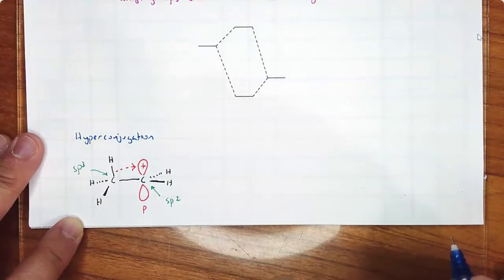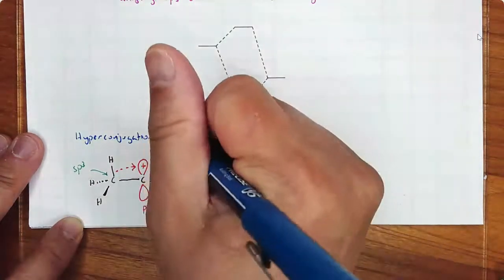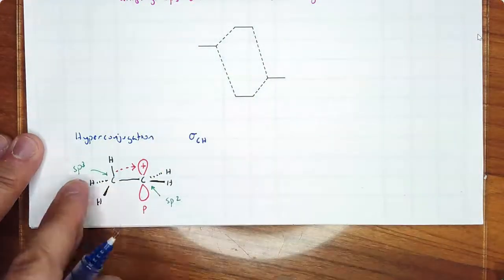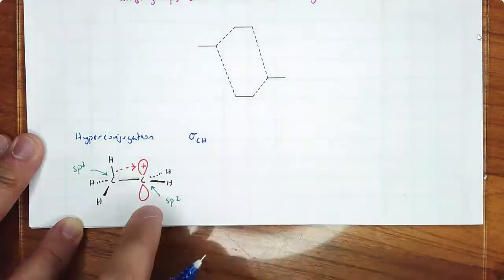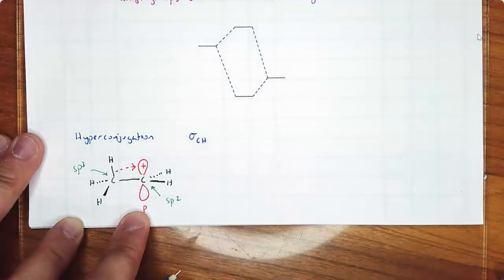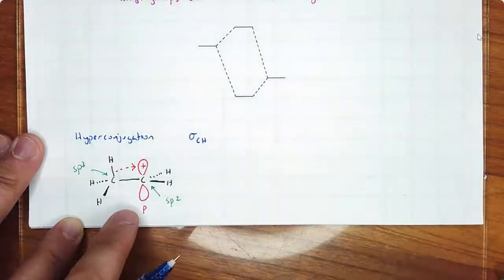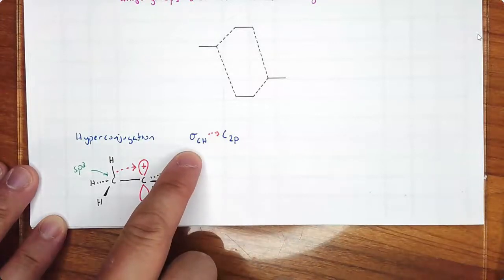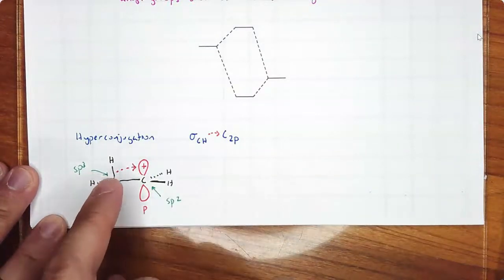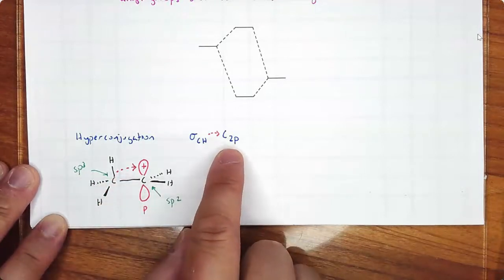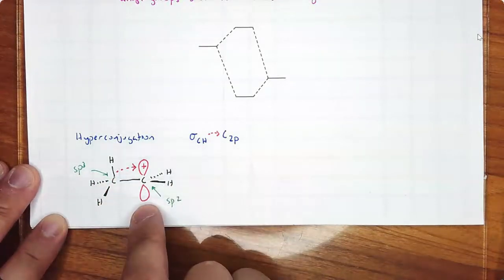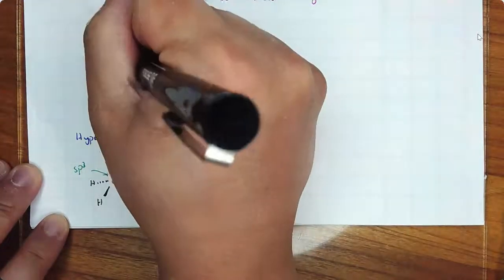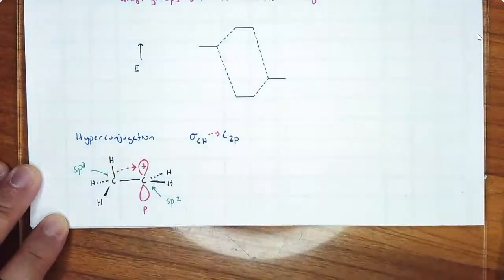Technically, hyperconjugation is the sharing of electrons between the sigma bond of the carbon-hydrogen of the sp3 atom with the p orbital, in this case the 2p orbital of the carbon. So what I have is the sigma CH bond right here donating electron density into the empty 2p orbital of the carbon, and we could put this on a molecular orbital diagram to visualize the energy levels.